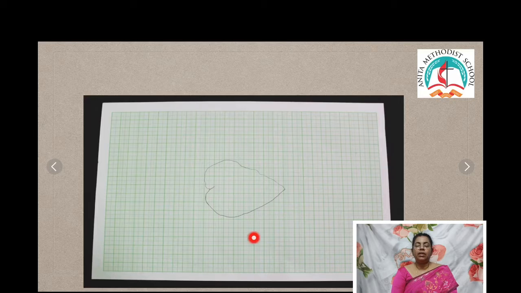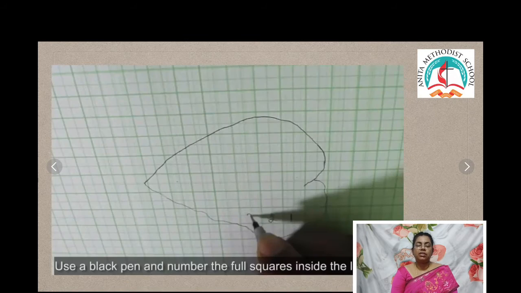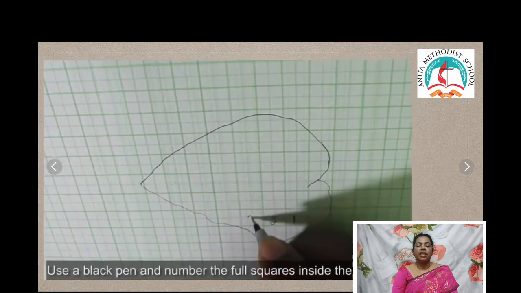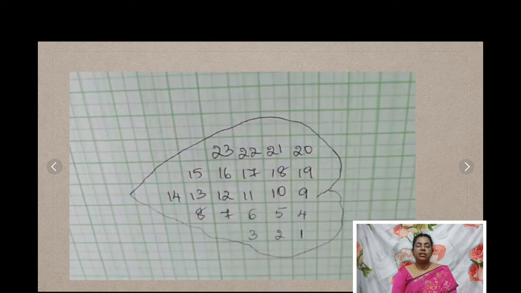Now take the black pen and number the full squares. So start numbering 1, 2, 3 like that. Start numbering the full squares. Okay. Have you finished? Have you got it like this? Here I got 23 full squares.